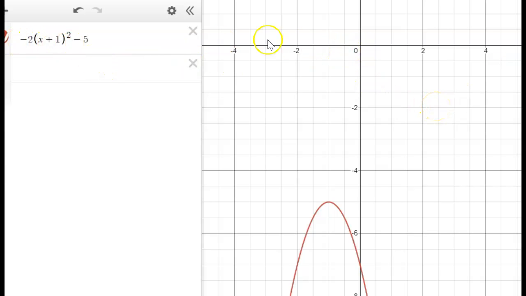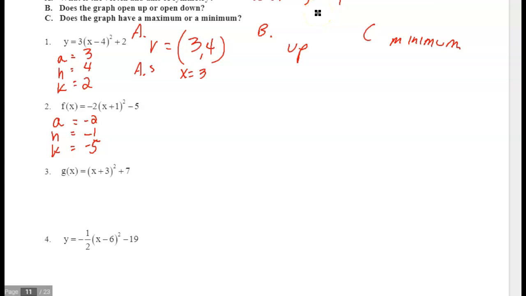So again, since it's opposite, we shift actually left, and we go down. So that makes sense that our vertex is -1, -5. The axis of symmetry is x equals -1. B, it opens down. And because it opens down, we have a maximum.